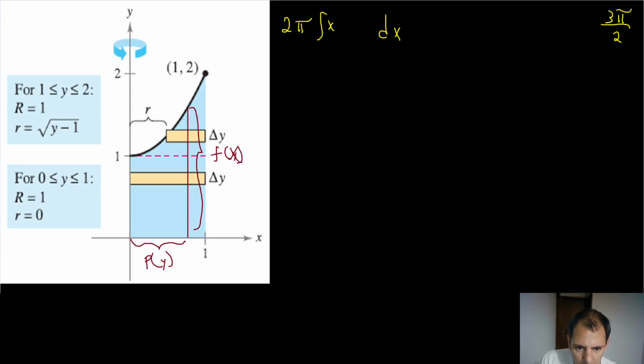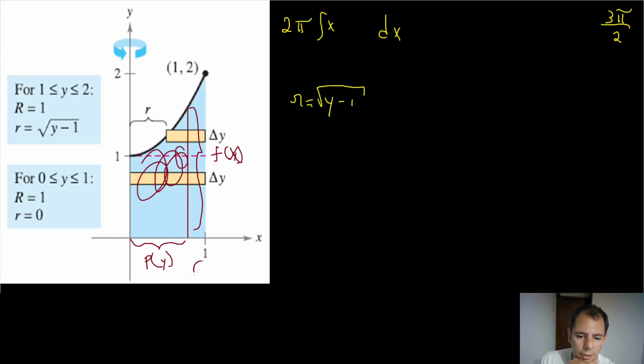And then you have to find this value of y for the value of x. Well, you see here you have r equals square root of y minus 1. And we know that it's positive, guys, because you see the whole thing here is on top of the x-axis, okay?